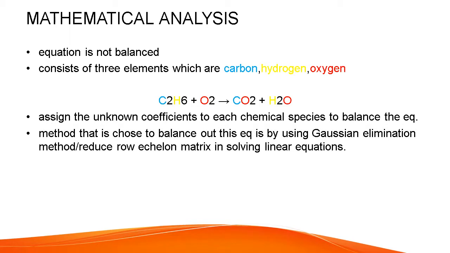Now let us look at the mathematical analysis that is done on the equation given. The equation is not balanced. This chemical reaction consists of 3 elements: carbon C, hydrogen H, and oxygen O. So our task is to assign the unknown coefficients P, Q, R, S, or x1, x2, x3, x4, to each chemical species to balance the above equation.